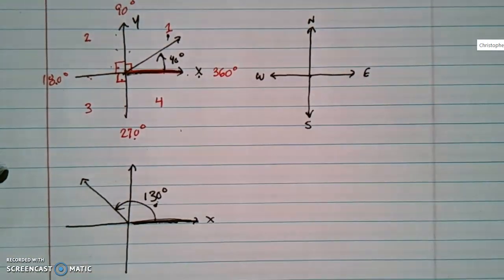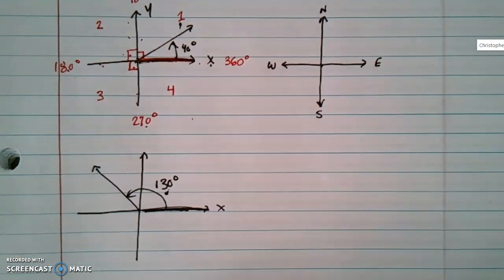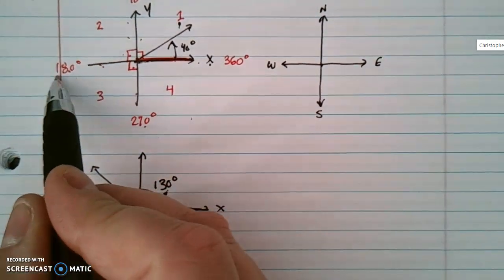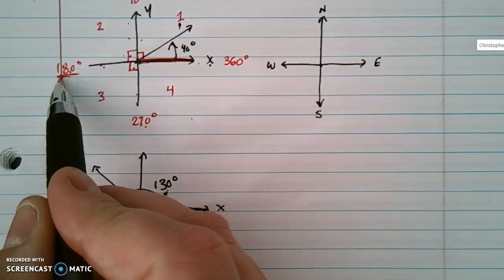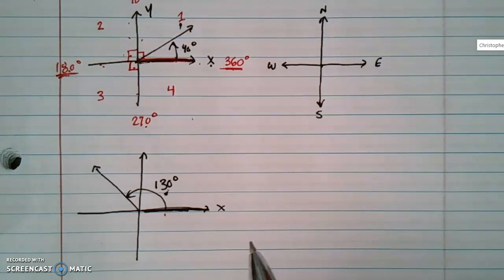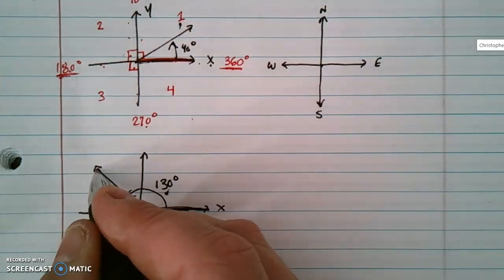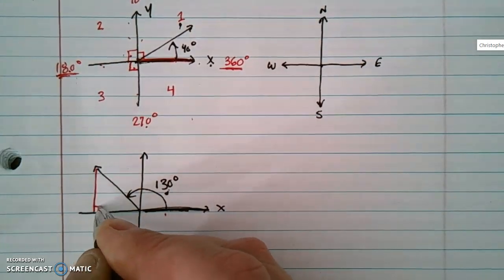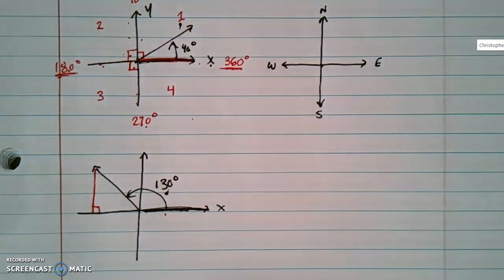So let me show you. All you do is draw this angle in standard position, okay? And then you have to remember, this x-axis here is 180. This x-axis here is 360. You're going to draw a line to the nearest x-axis, and you get a right triangle.